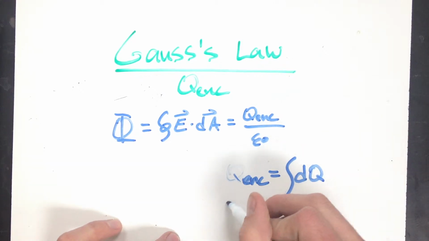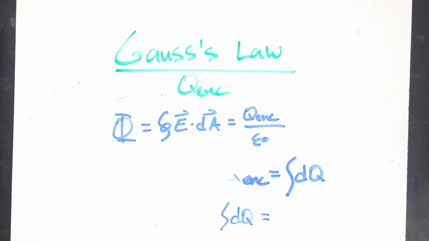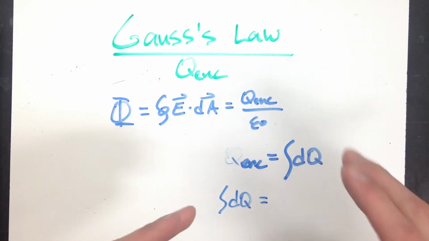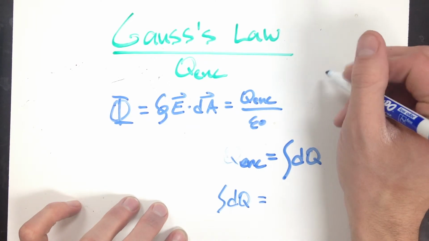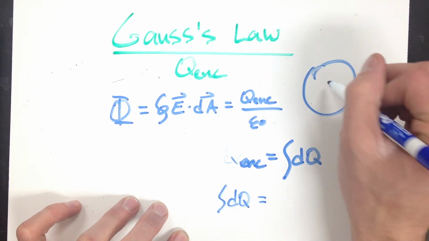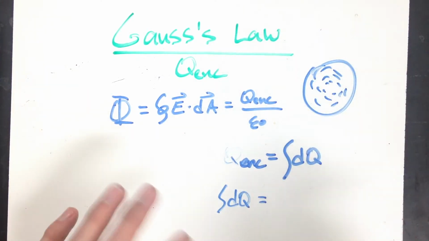Now, the integral dq can be different things depending upon what type of object you're talking about. So here I'm going to look at, for instance, a sphere or a cloud of charge where it was distributed throughout in a non-regimented, non-even sort of way.